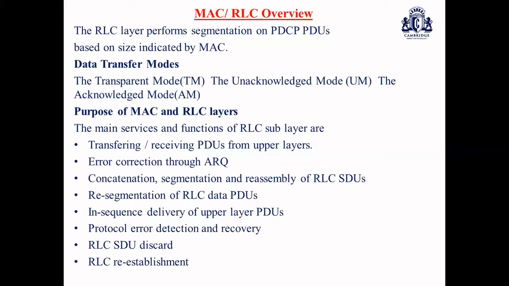The services deployed with respect to the RLC and MAC layers are more prominent with respect to error correction through ARQ, concatenation, segmentation and reassembly, resegmentation of RLC PDUs, in-sequence delivery, as well as duplicate detection, protocol error detection, and RLC SDU discard as well as RLC re-establishment, which can be done by means of MAC as well as RLC.